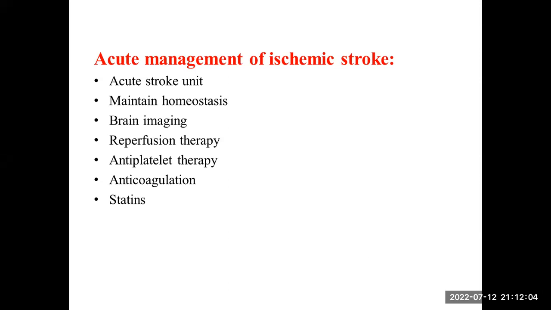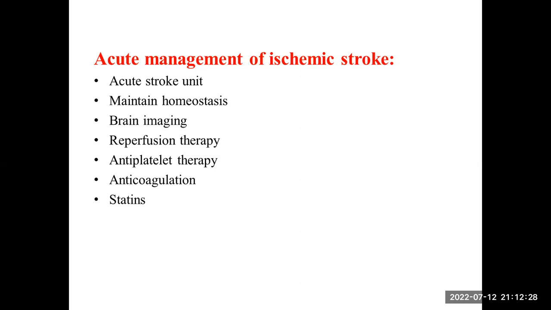The window, according to the NICE guidelines, is 4.5 hours. So your patient should present within 4.5 hours from the onset of stroke. If the patient is presenting beyond 4.5 hours, then reperfusion therapy will not be considered, because this is an essential criteria which should be met.